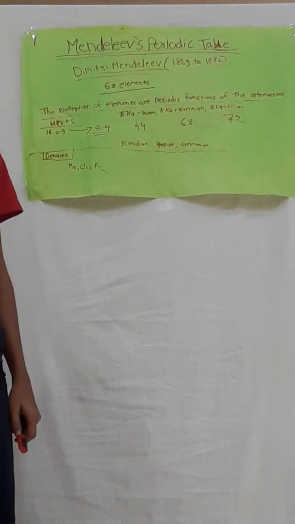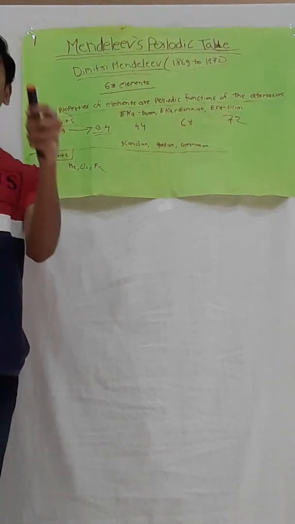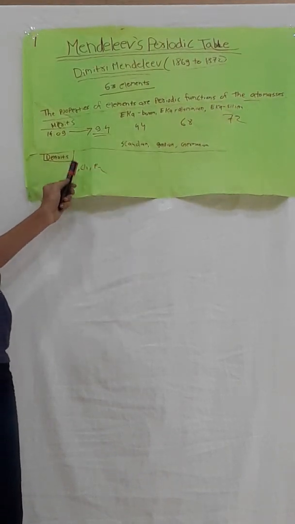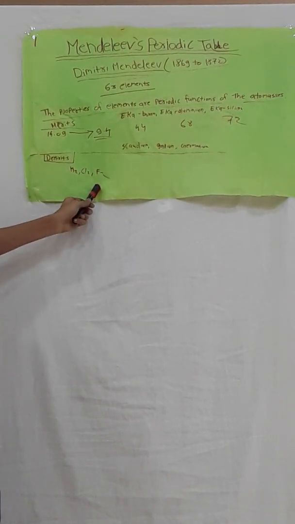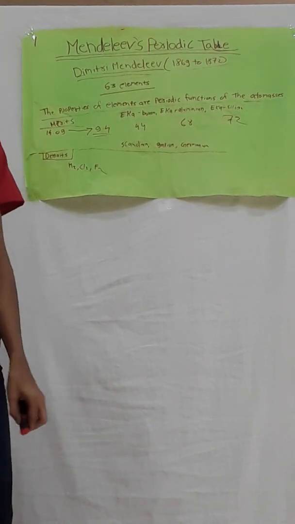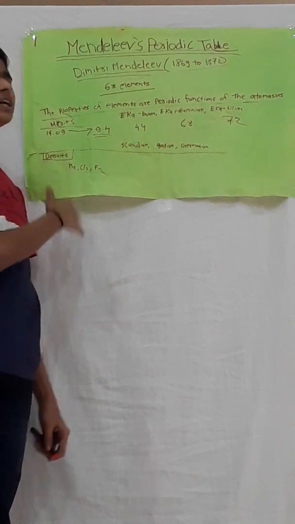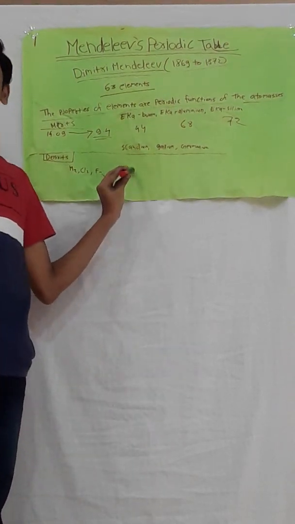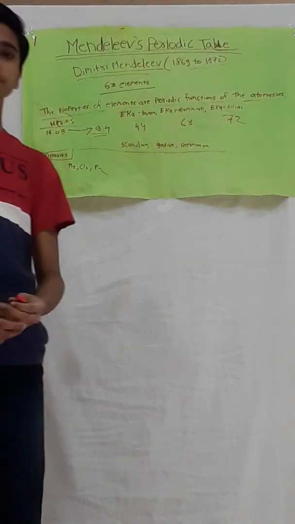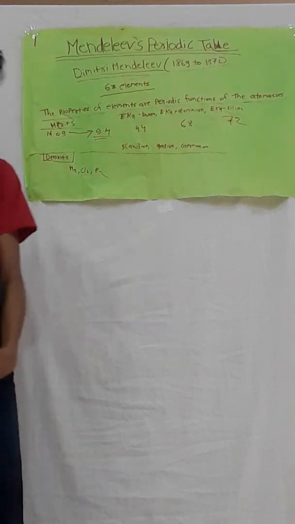Hydrogen shows similar properties to the halogens as well as the alkali metal groups, whereas the molecular formula of hydrogen is H2, while the molecular formula of chlorine and fluorine is Cl2 and F2 respectively. He could not give the right position to hydrogen in the Mendeleev periodic table. This is the Mendeleev's periodic table. Thank you.